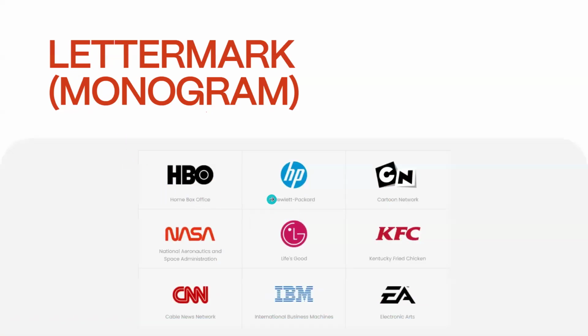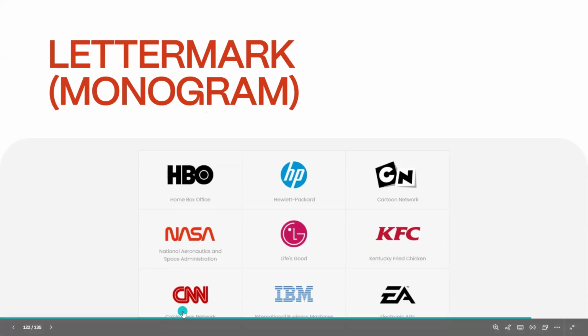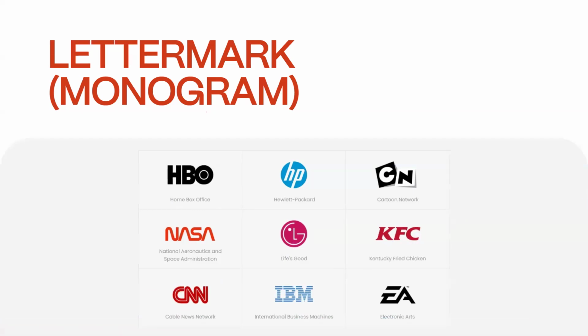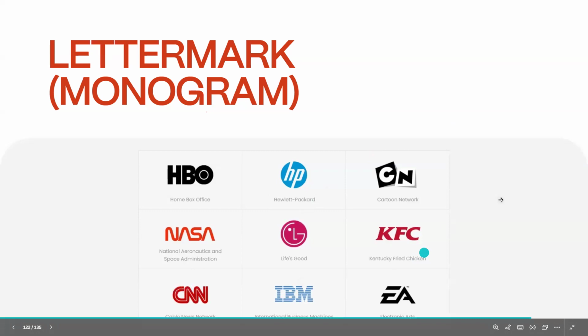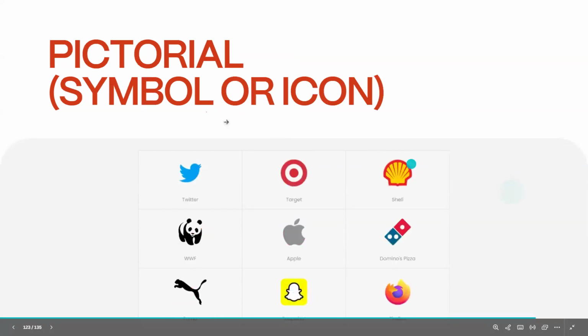Second one is lettermark. That means, like Home Box Office, the first letters of the name will be used in the logo, right? HBO. Or like Cable News Network, CNN. This is lettermark.